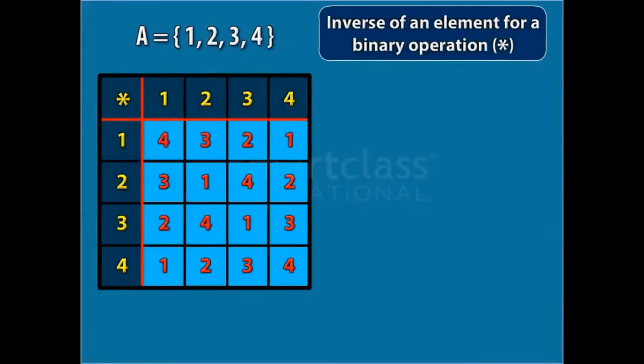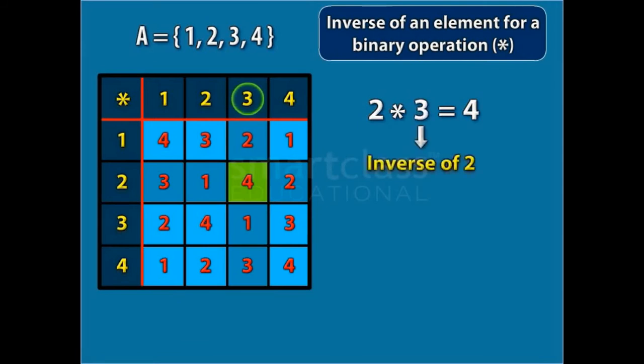Now let's learn what the inverse of an element is for a binary operation. Can you guess which element we will pair with the 2 to get the identity element? Well, it is 3. 3 is called an inverse of 2 as the star operation performed on them gives the identity element 4.